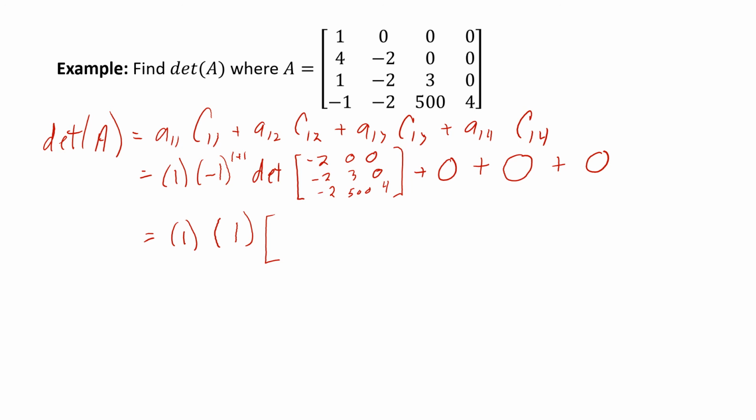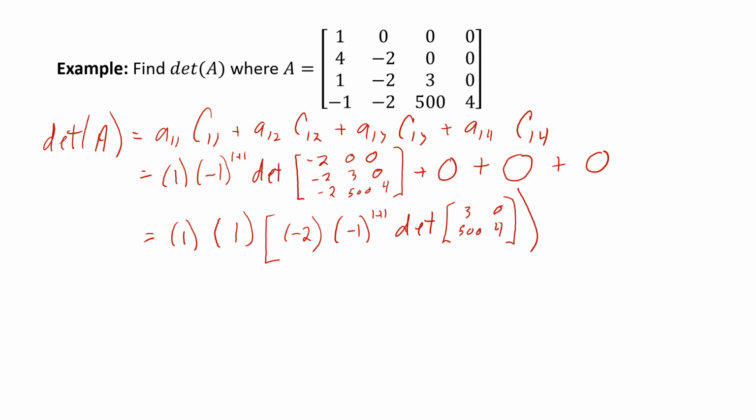The first term is -2 times the cofactor when you eliminate the first row and the first column. So that's equal to -1 to the 1 plus 1 times the determinant of what's left: 3, 0, 500, and 4.